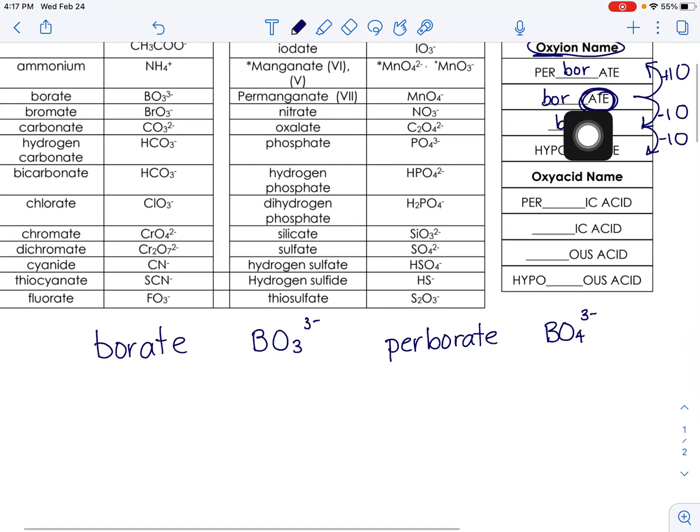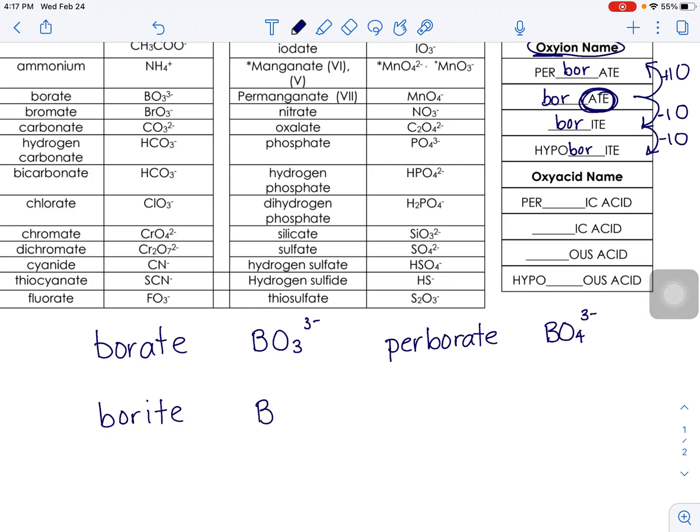And then as we move from borate to borite, here we have one less oxygen. So borate is BO3, one less oxygen is BO2. And once again, valence stays the exact same. Hypoborite, on the other hand, is one less oxygen than borite.